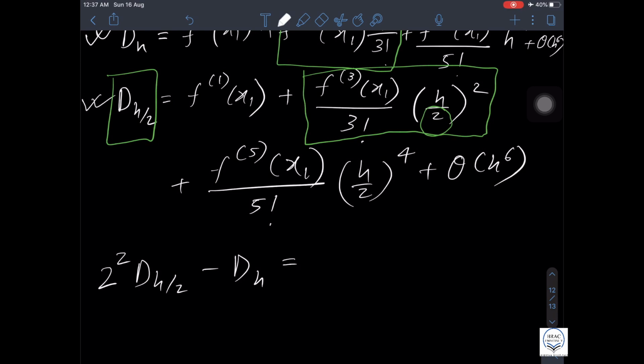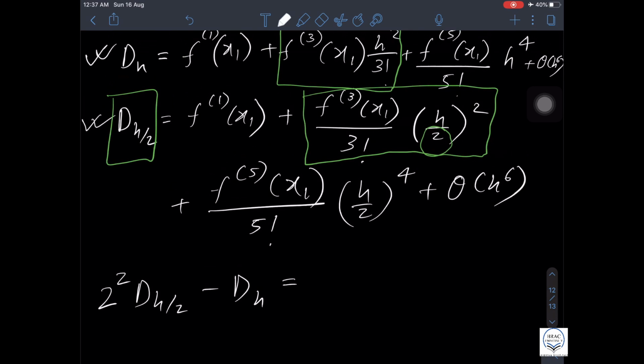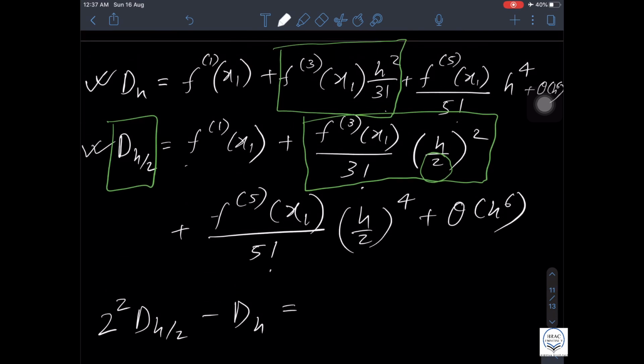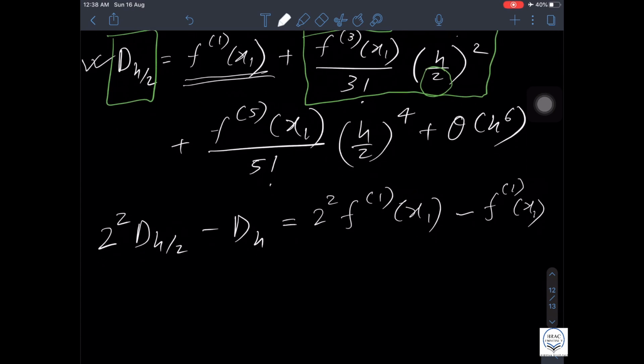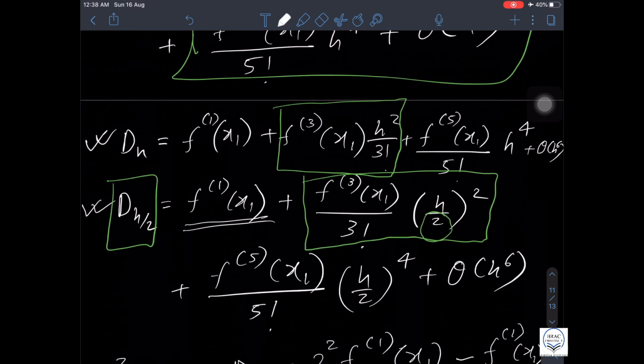Okay, then what will you get there? You will have this f1 multiplied by 2 square, which is 4. So 2 square f1 of x1, and from dh you'll get f1 again, so minus f1 of x1. But the second term is cancelled because this is how we chose the coefficient 2 square, right? So these green boxes will go away.